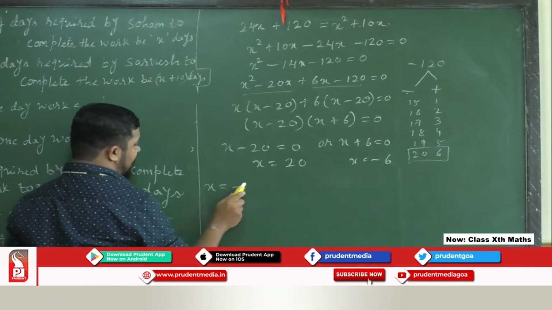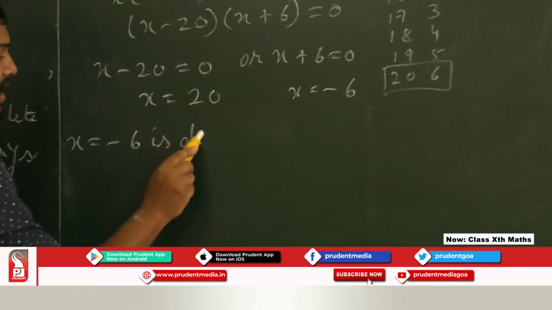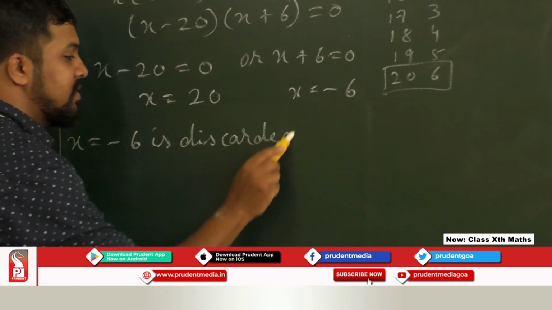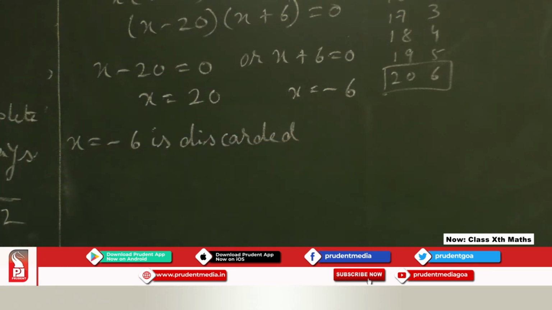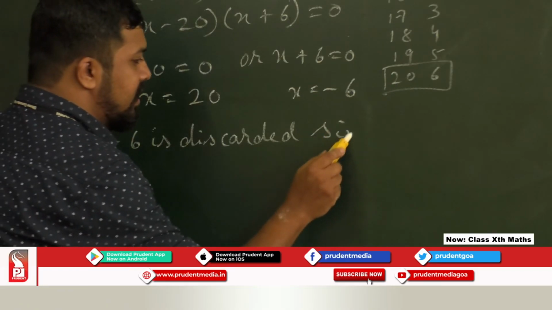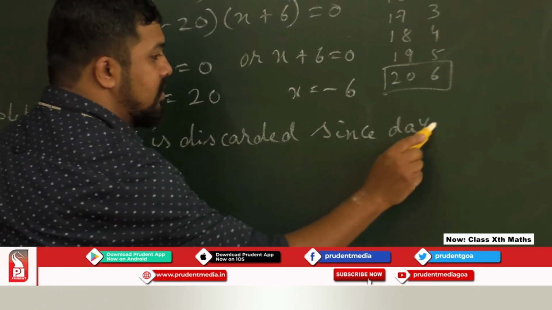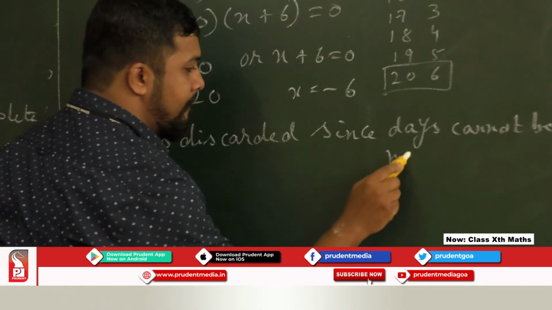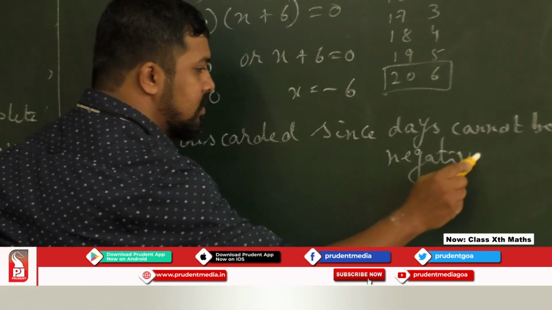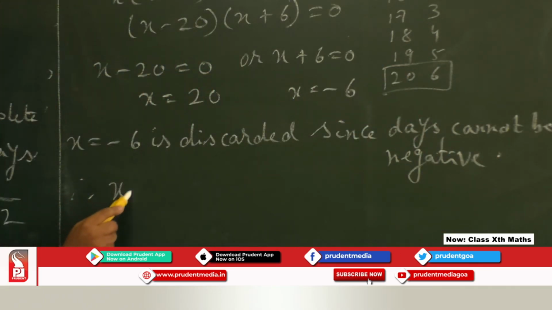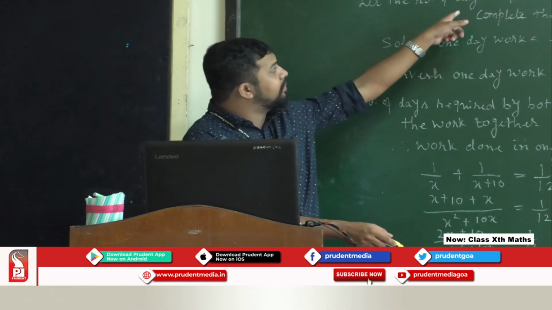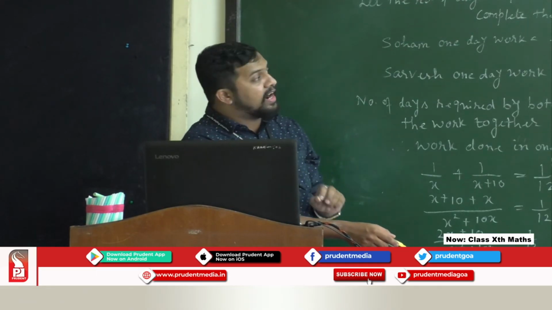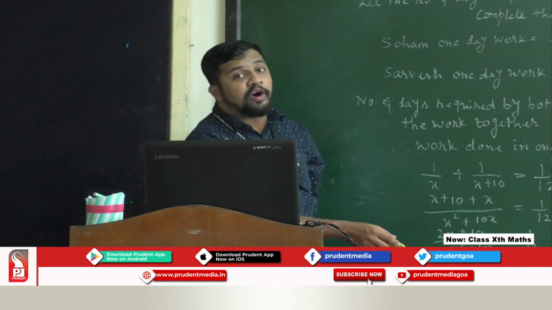So x equal to minus 6 is discarded. Why discarded? X is days, since days cannot be negative. And therefore, x is equal to 20. Now what is asked in the question is, you are not asked to find the number of days of Soham. You are asked to find the number of days if Sarvesh works alone.